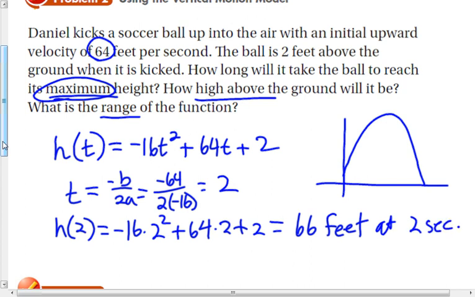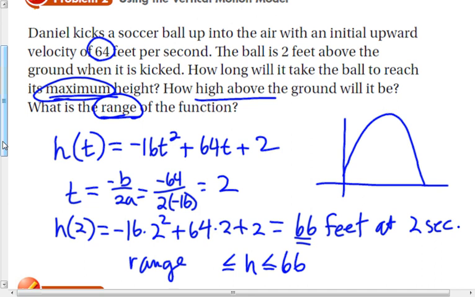All right. The last thing we want to know is what is the range of the function? Well, since 66 is the maximum, that's as high as it gets. So the range for h will be, the highest it ever gets is 66. So h has to be less than or equal to 66.